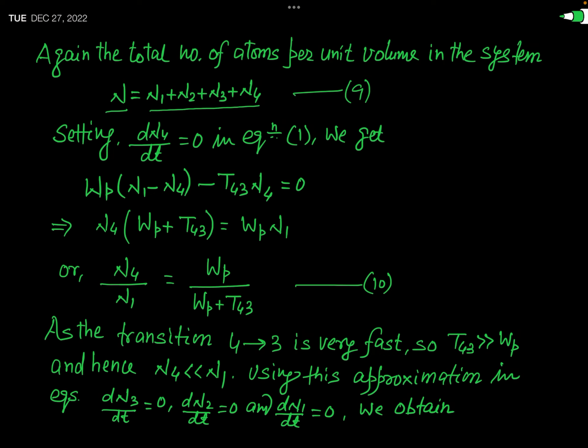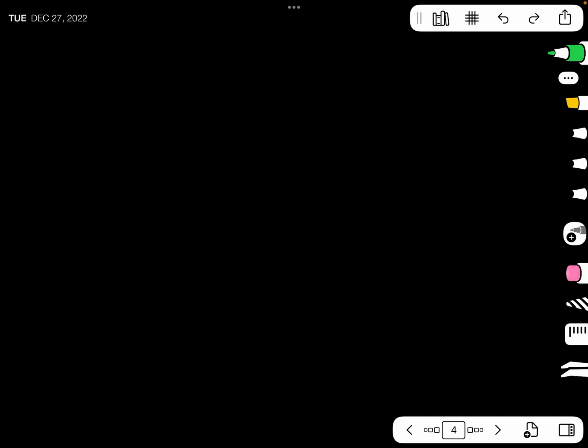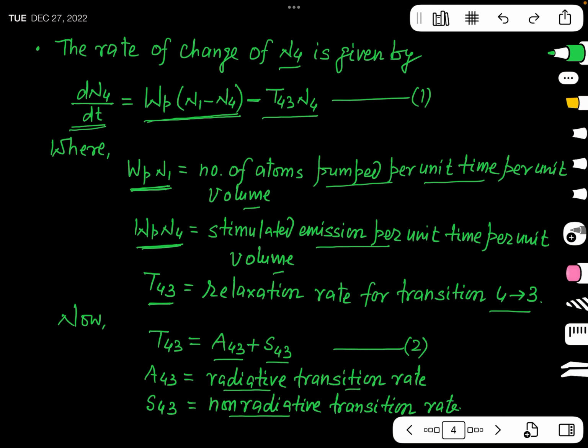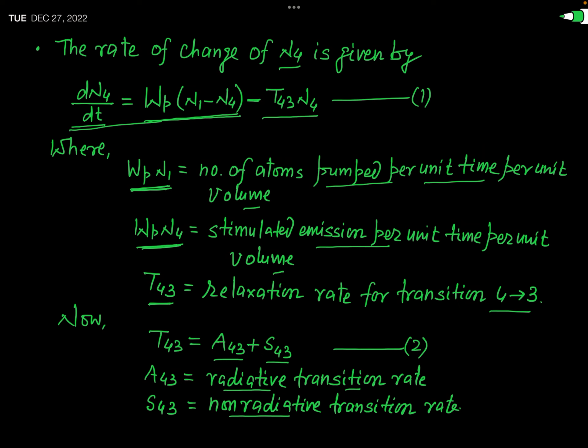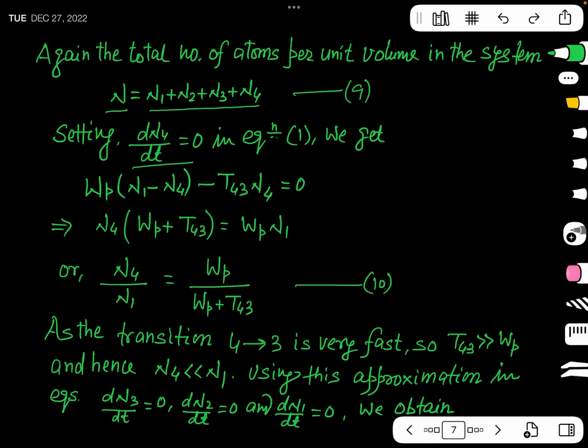Now we will solve the above rate equations in steady state. When dN4 by dt is equal to 0, equation 1 defines the value of dN4 by dt. So let us put dN4 by dt equal to 0 in equation 1.